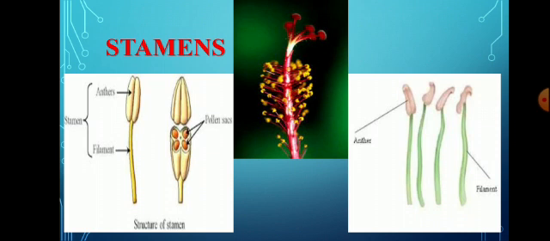A stamen consists of two parts. One is anther, the second one is filament. Anther is the swollen tip of each stamen that encloses a small powdery substance called pollen grains. In some plants, if you touch the top, you see some yellowish powder.